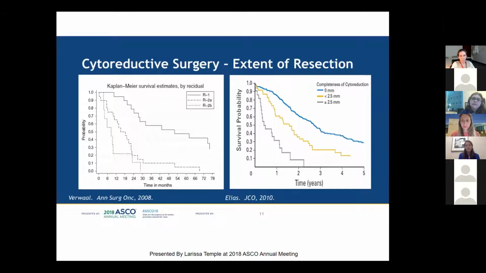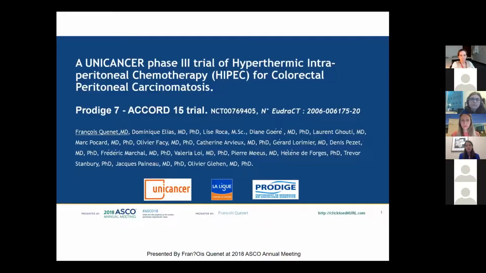Again, here it tells that the success of your outcomes is also dependent on the extent of the disease. And what's also important is that the completeness of the cytoreduction is really important. Patients that have more than 2.5 millimeters of microscopic disease left can really have a jeopardized survival. And I think Dr. Lambert's probably going to touch on that in much more detail.